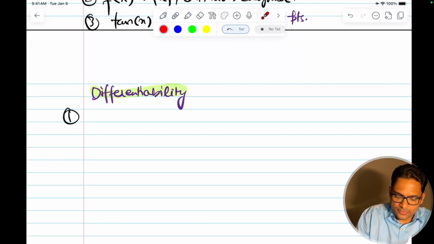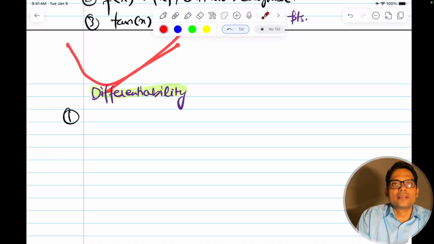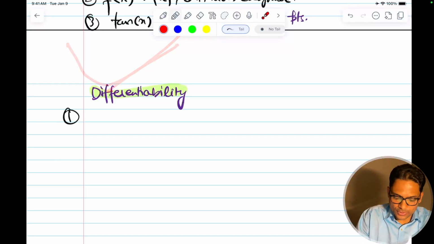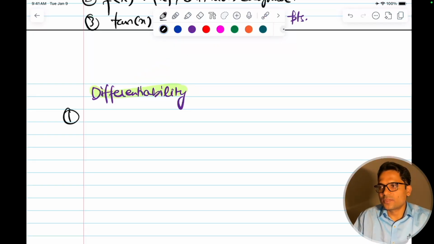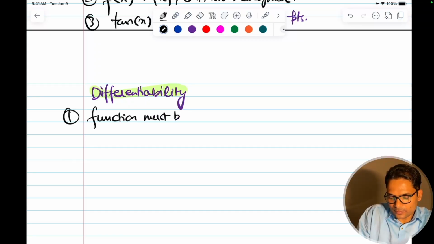If my function is jumping at these points, it is not continuous. How will I calculate the derivative at this point? So first of all, the function should be continuous, only then I can take a derivative at that point. So the first thing is that the function must be continuous at the given point.